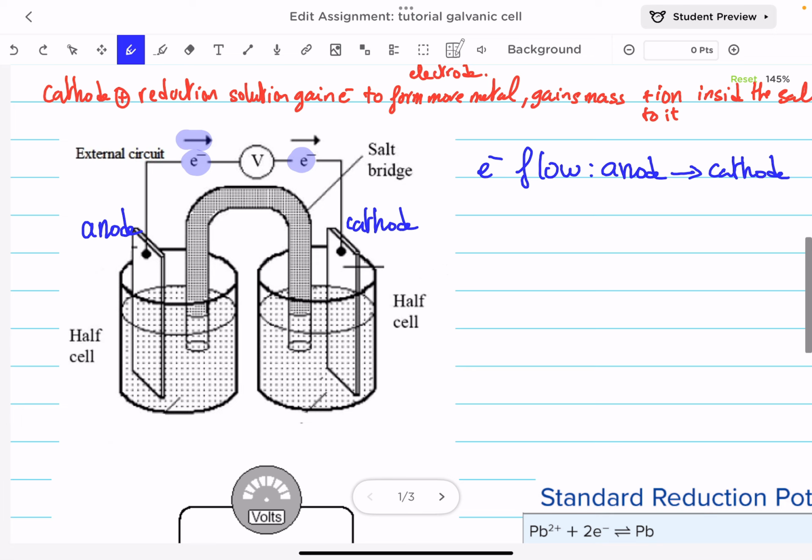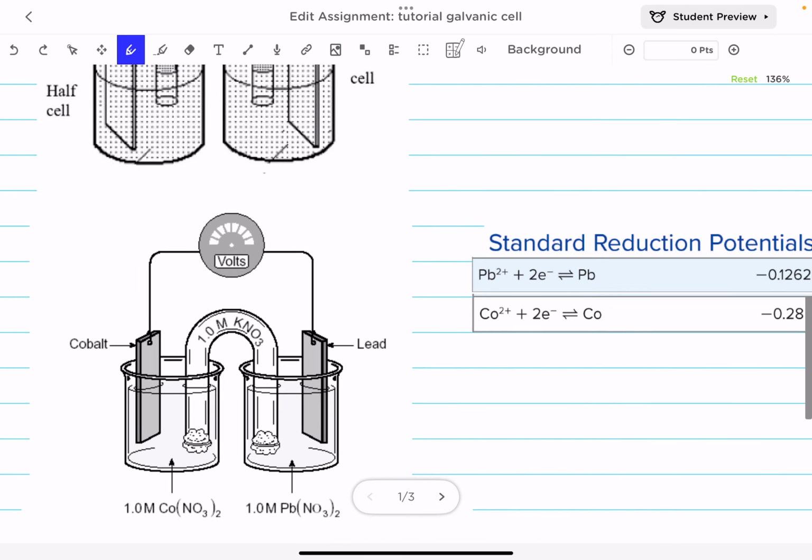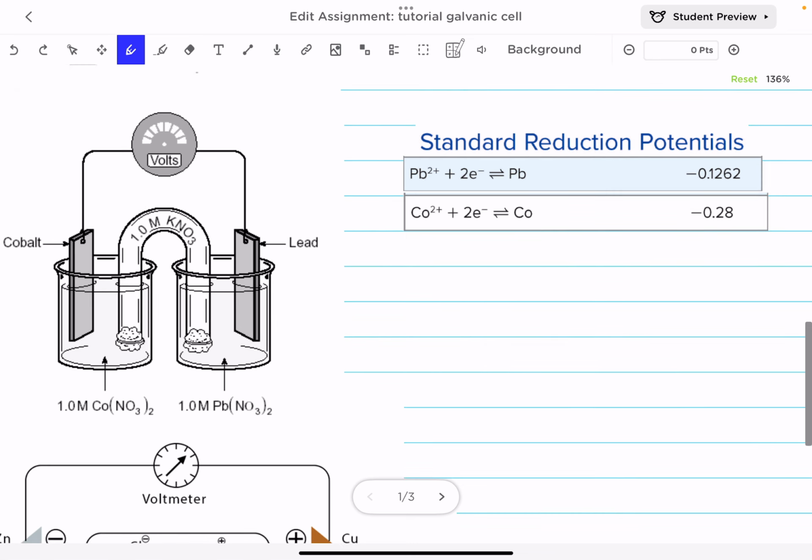So this is a sign on this cell saying that this is the anode and this is the cathode. Now let's look at another example. There are no signs on this galvanic cell to indicate whether the cobalt is the anode or the cathode, and also about the lead. However, the standard reduction potentials are given.